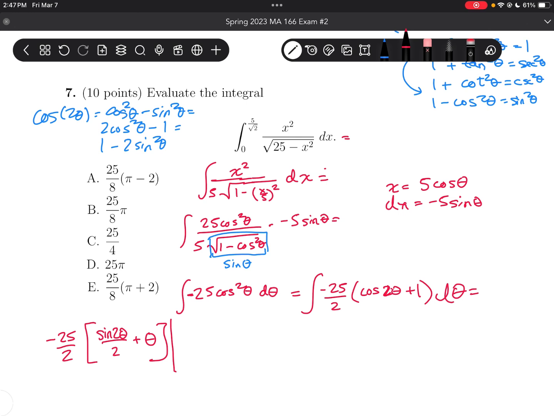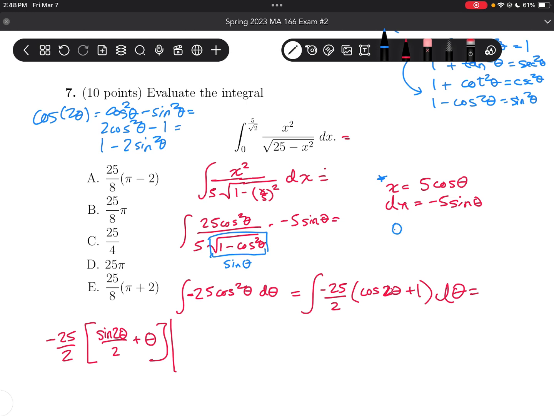But you'll see that this whole time I still don't have my lower and upper bounds. You might be tempted to use 0 and 5 divided by root 2. However, you have to remember that these lower and upper bounds are in terms of x, and we are integrating in terms of theta. So we actually need to use this original equation over here and solve for our new lower and upper bounds with respect to theta.